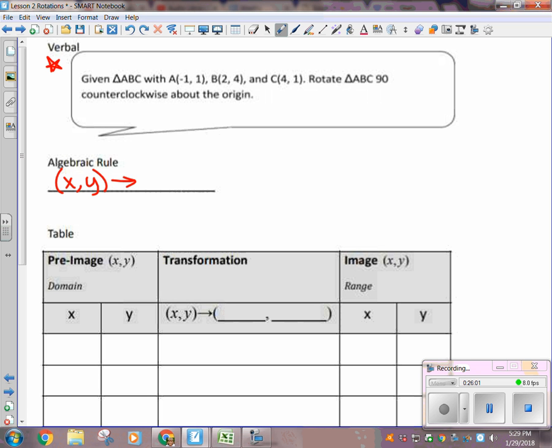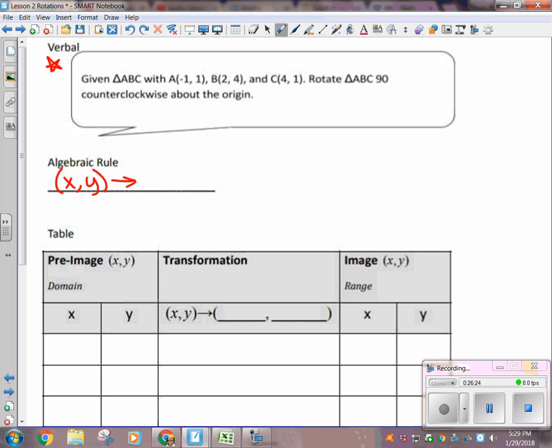When we did translations, that rule could change from person to person. I could add 5 and slide mine 5 units to the right. Someone else could slide theirs 6 units to the right. Someone could slide theirs 12 units to the right. We could go left 5. We could go up. We could go down. So the number could change. It could be variable from person to person. Rotation rules? No, not at all.